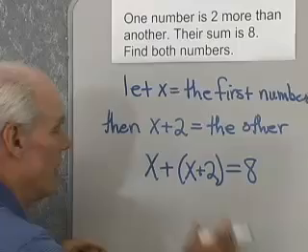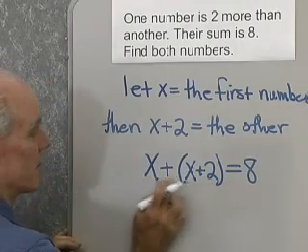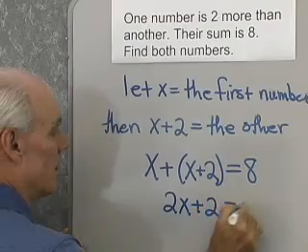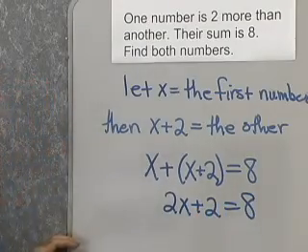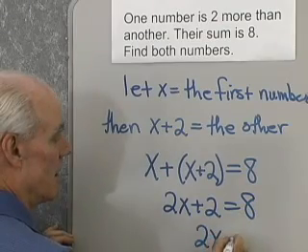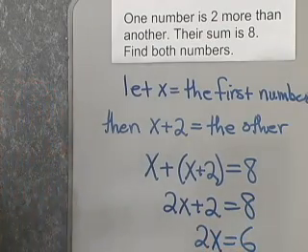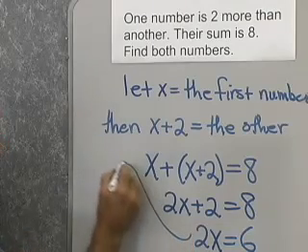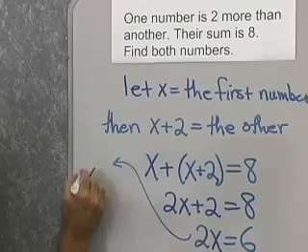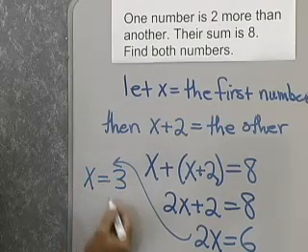All the information in the problem here is contained in this equation, and it looks like a pretty simple one to solve. When I remove the parentheses here, I'll have x plus x, which is 2x, plus 2 is equal to 8. Now I'll add negative 2 to both sides, and I'll have 2x is equal to 6. And from that, I see that dividing both sides by 2 or multiplying both sides by 1/2, I get x is equal to 3.